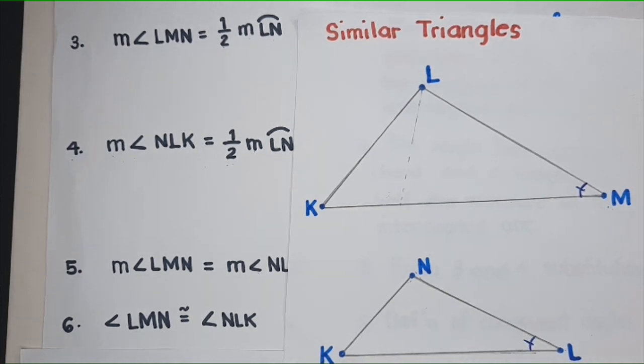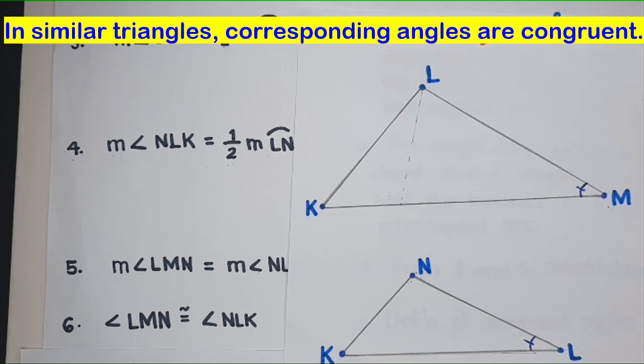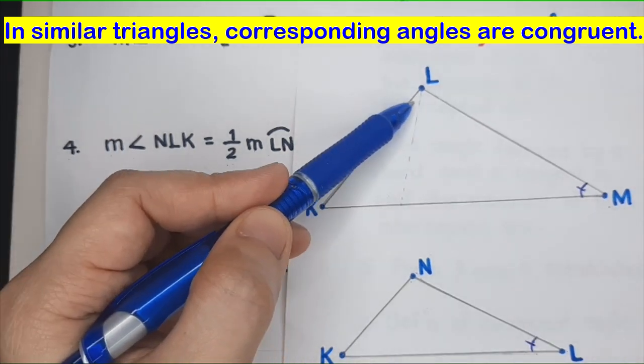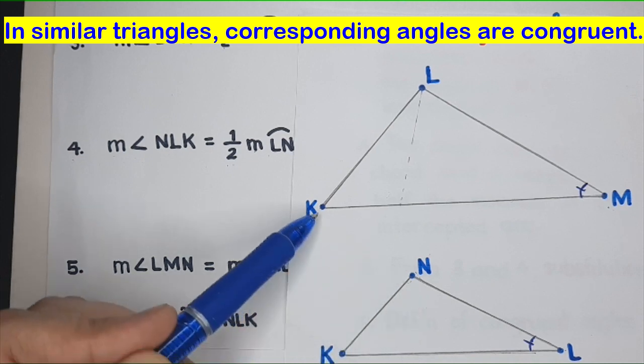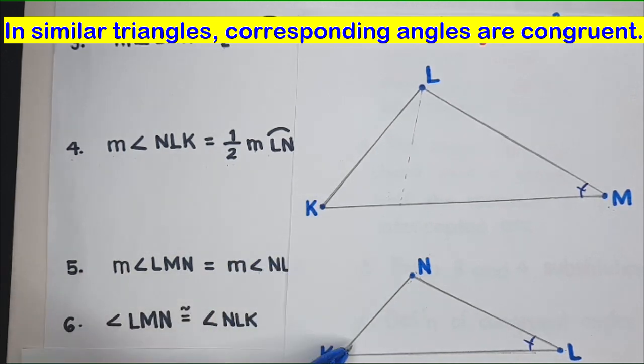So why are we proving congruent angles? Because in similar triangles, all the corresponding angles are congruent. So we must prove that the measure of this angle is equal to the measure of this angle, and this angle measures the same as this angle.